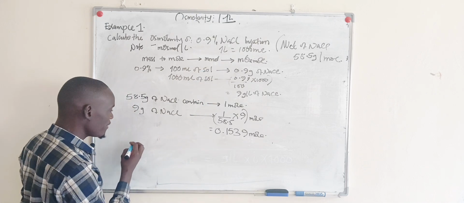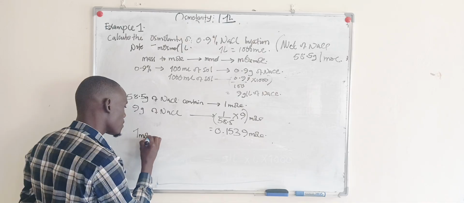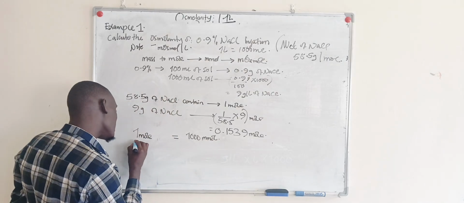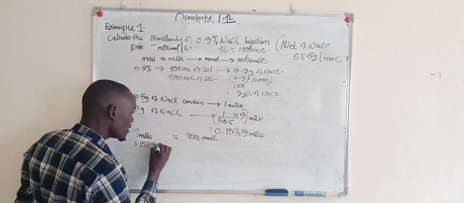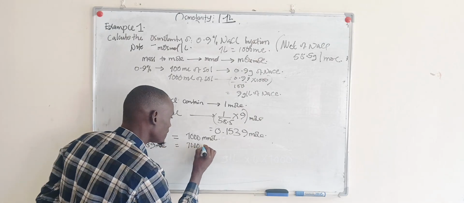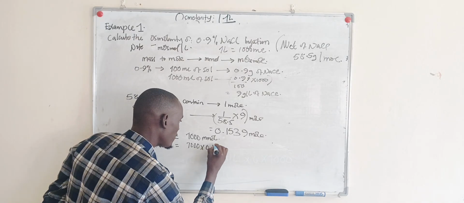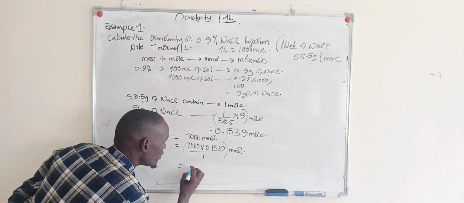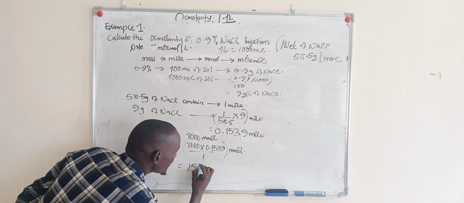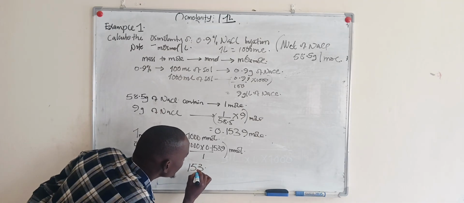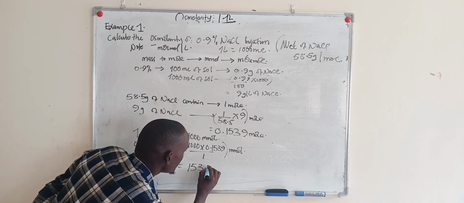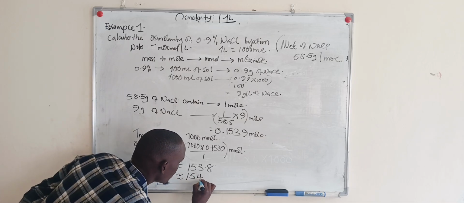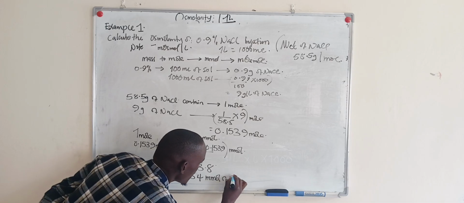We know from our previous lecture that 1 mole is equivalent to 1000 millimoles. So the 0.1539 moles will be equivalent to 1000 times 0.1539 divided by 1, all in millimoles. When we compute, we shall get 153.8, which is approximately 154 millimoles of sodium chloride.